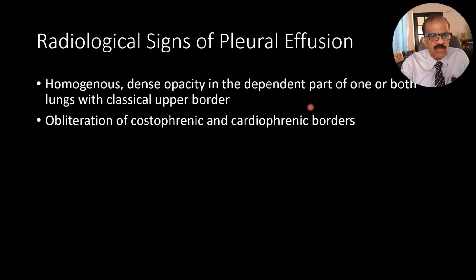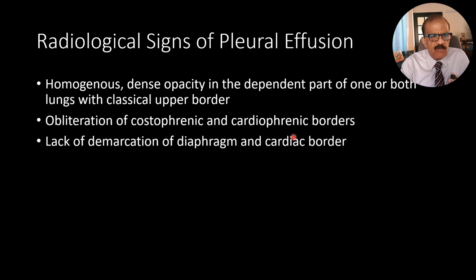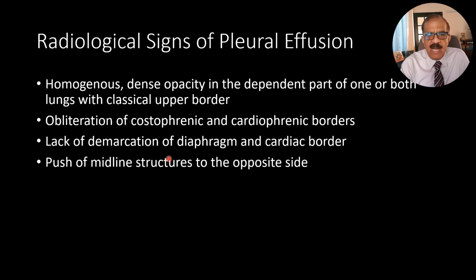This is one feature. Obliteration of costophrenic and cardiophrenic angles. Another important feature, lack of demarcation of diaphragm and cardiac border, because fluid is in actual contact with the diaphragm and the heart, and X-rays would not be able to differentiate between the two, and so you don't see these borders.